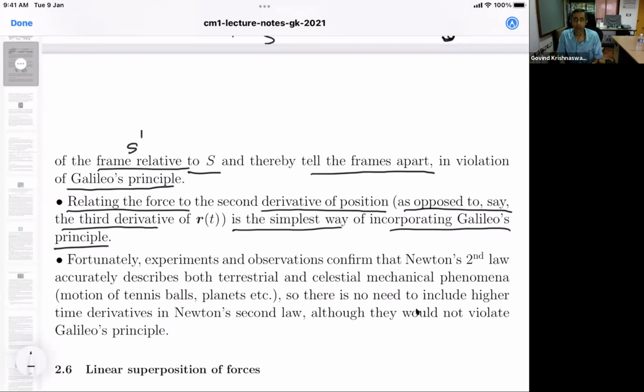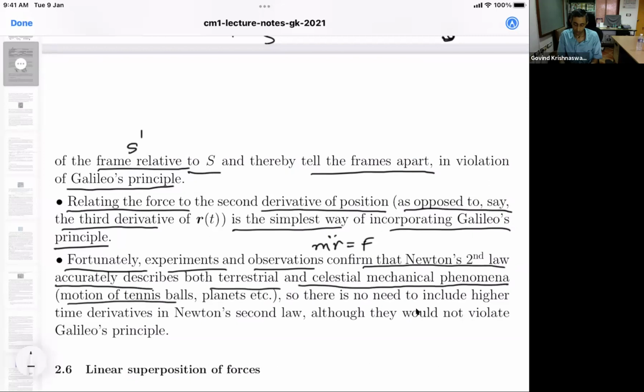But in the same context, one must also say that fortunately, experiments and observations confirm that Newton's second law, as stated, namely m r double dot is equal to force, accurately describes both terrestrial phenomena, that is projectile motion and things like that, and celestial mechanical phenomena: motion of tennis balls, planets, planetary probes, and so on.